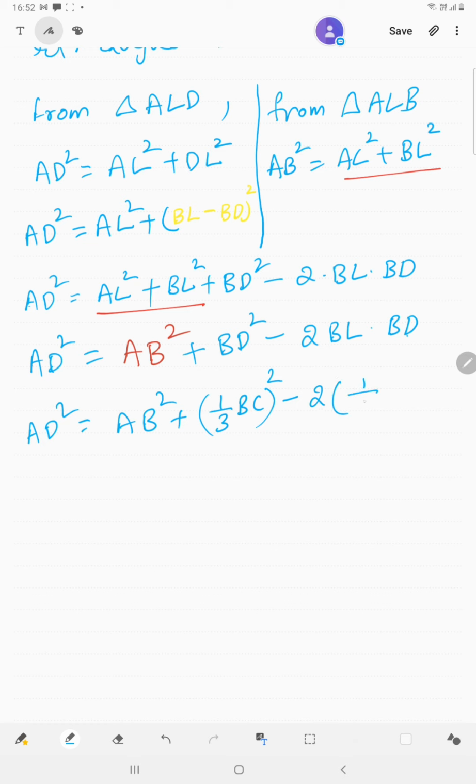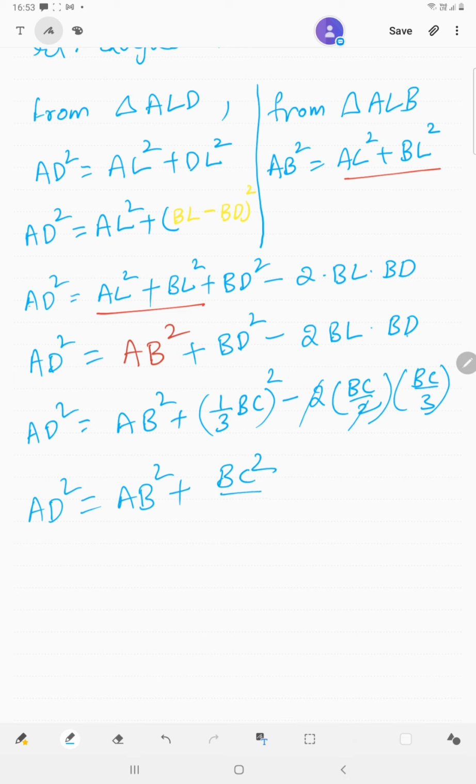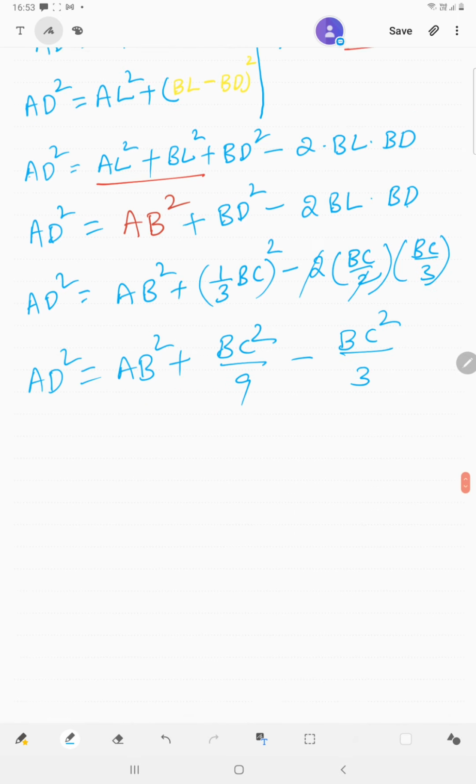From construction, half of BC, that is BC by 2, and BD, the given part, that is BC by 3. Now 2 and 2 is getting cancelled. AD square is equal to AB square plus BC square by 9 minus BC into BC, BC square by 3.